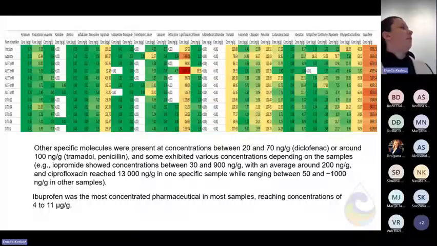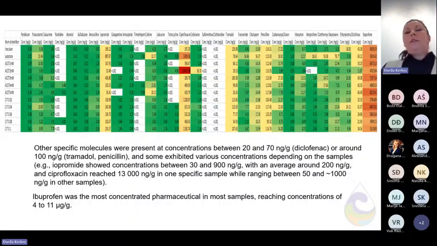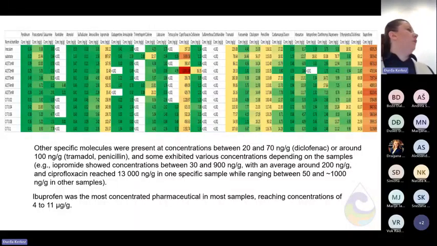Other specific molecules are present in various concentrations between 20 and 70 nanograms per gram, such as diclofenac, or around 100 nanograms per gram, such as tramadol and penicillin. Also, we have various concentrations depending on the samples.